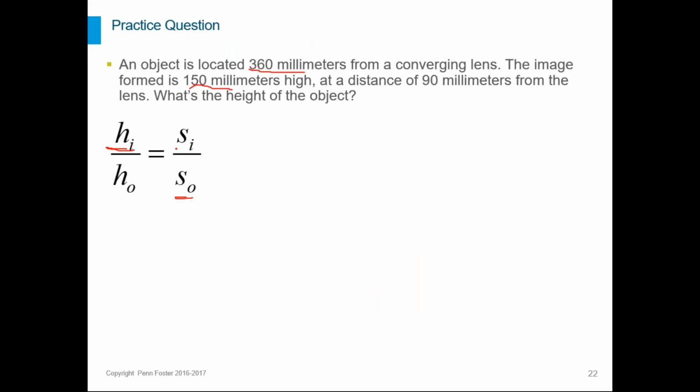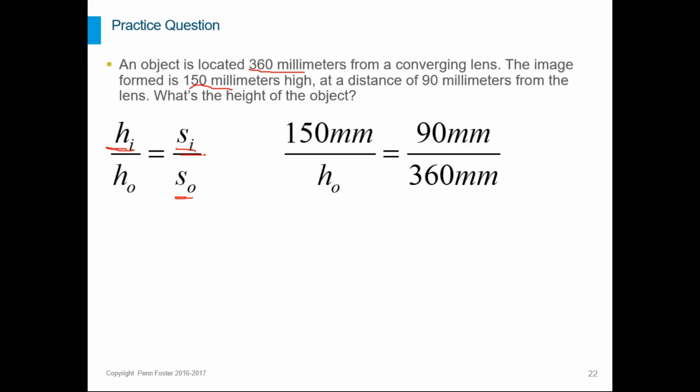What is the height of the object? All right, so we have the height of the image and the distance of the image. So we fill in those three numbers, and then we're left with HO, the height of the object. And that's what it asks us. What is the height of the object? That's what we're trying to find.